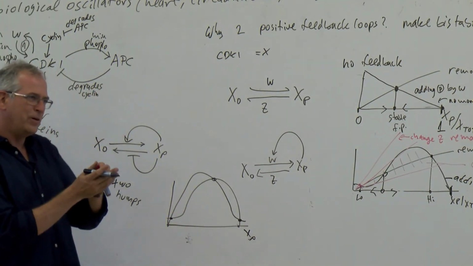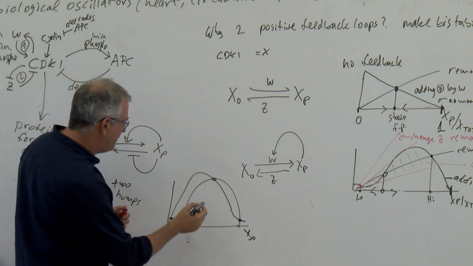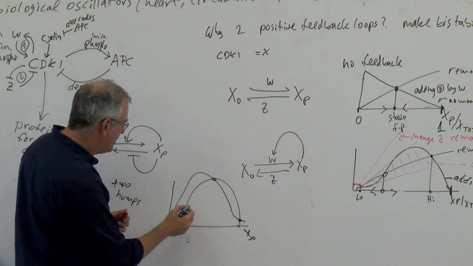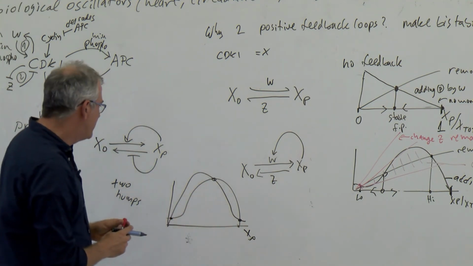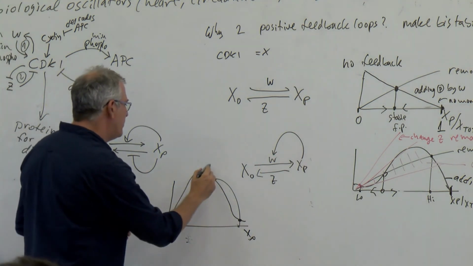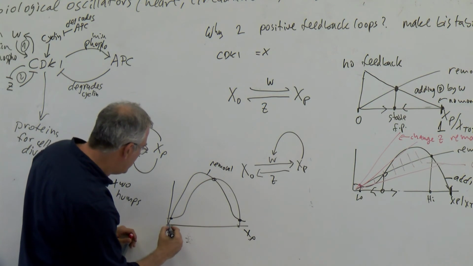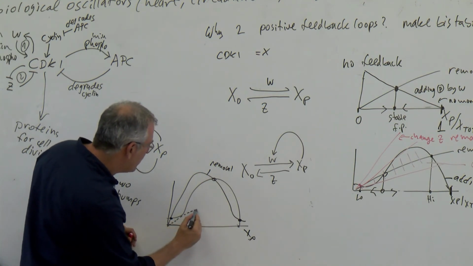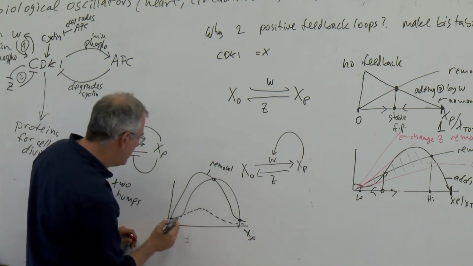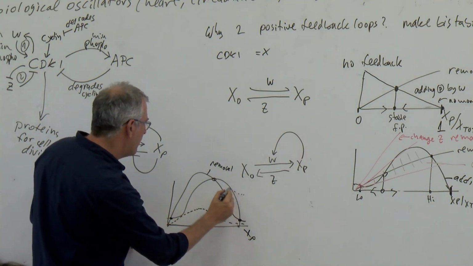In fact, in order to avoid those 3 points, you need to take, which one should we take? Here we changed removal, right? So this is the removal. In order to lose the 3 points, removal has to be like this, or like this.